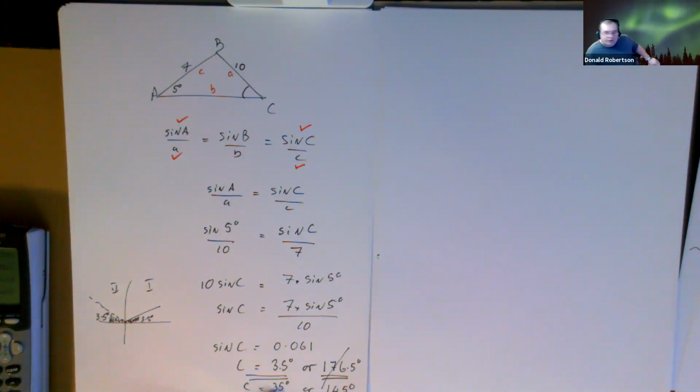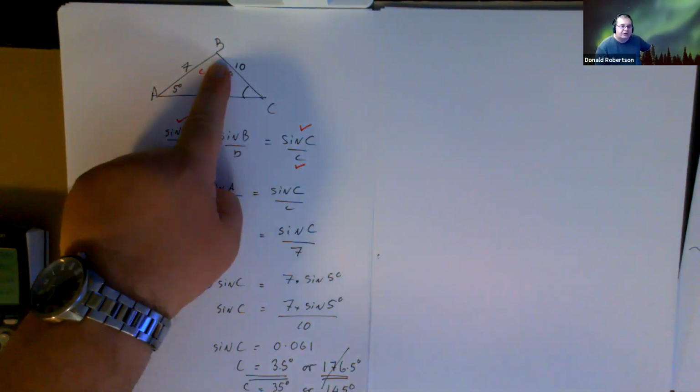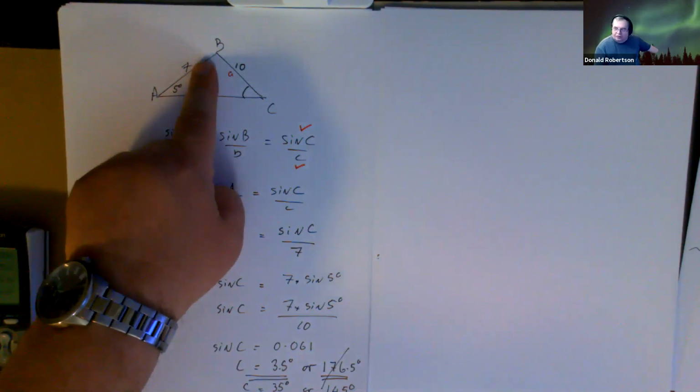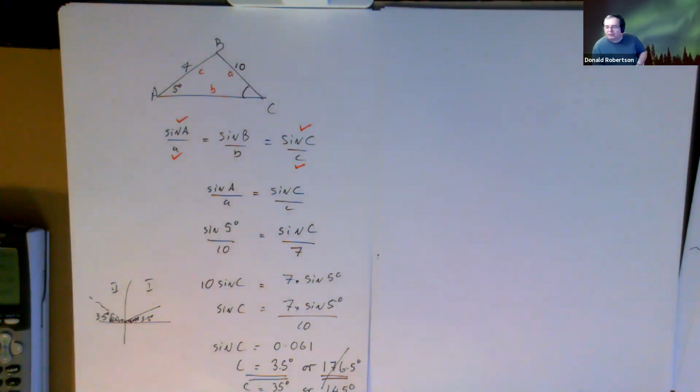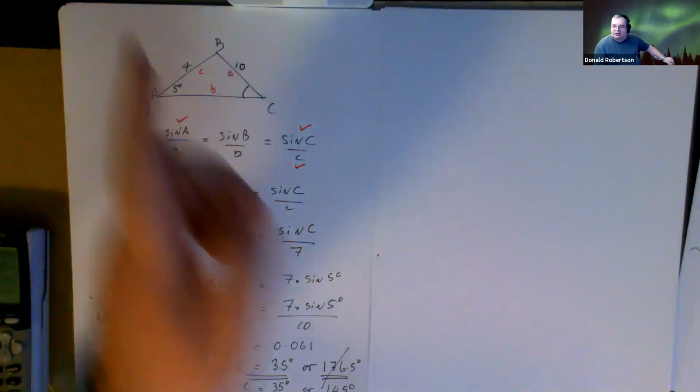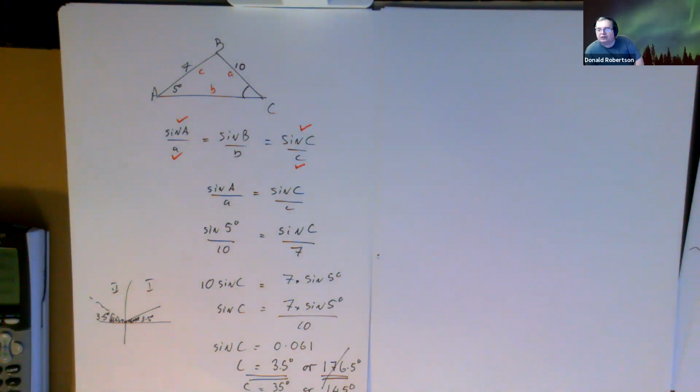Right? Can 145 fit this picture? Yes, it can. 5 and 145 can work. They add up to 150. So that would get me the other angle. I keep pointing at the top, but I mean C.